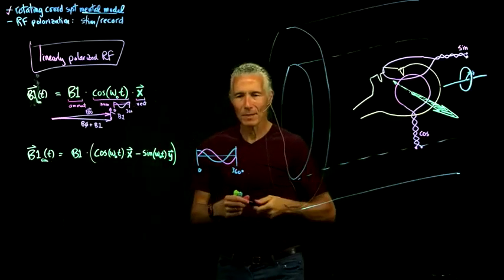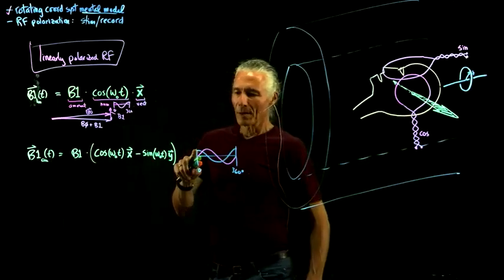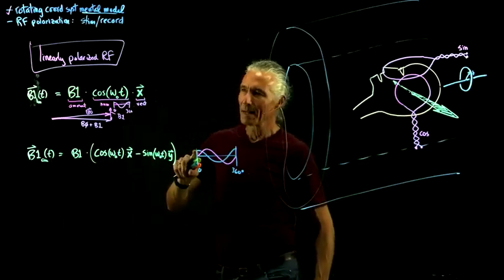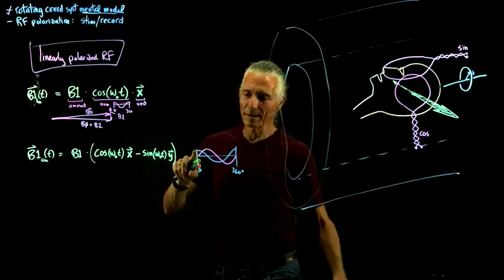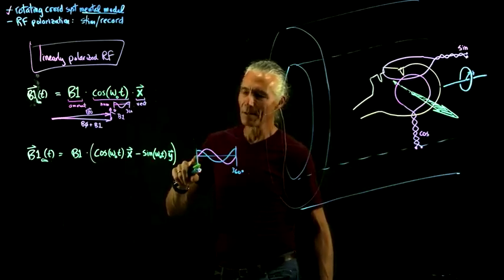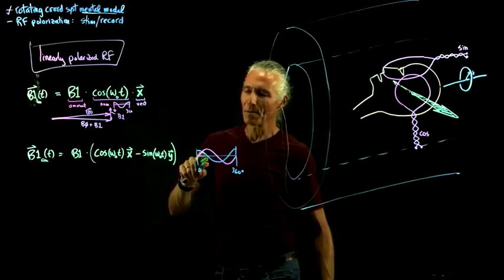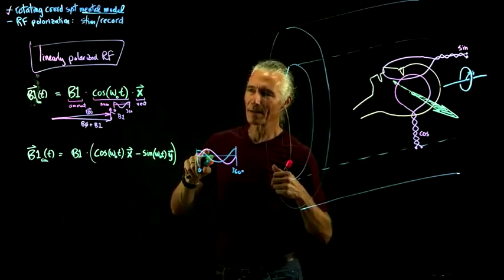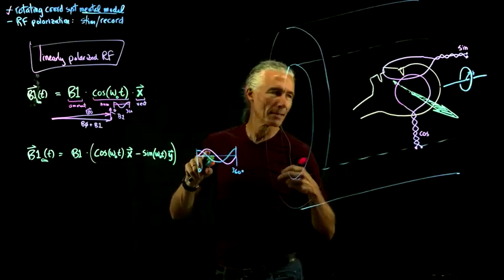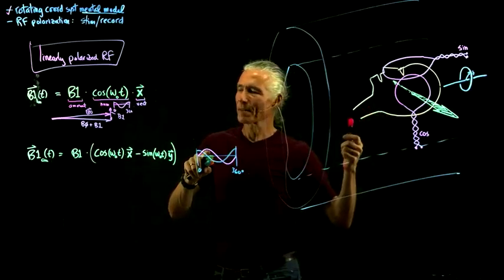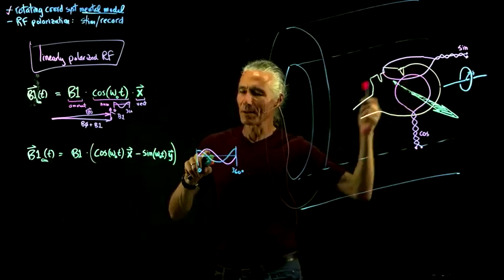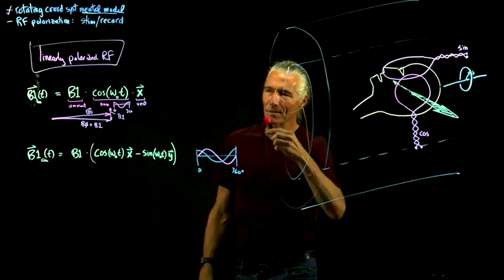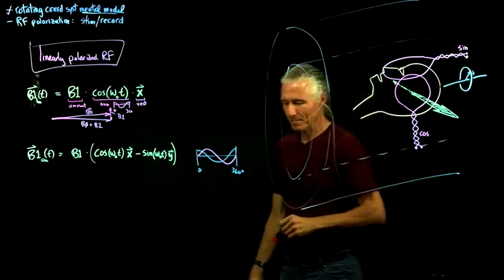So now when the current is really high in the cosine coil, it'll be 0 in the sine coil, and then you'll get to a point where they're both the same. That will be like a 45-degree vector. Then the current will be really high in the sine coil and 0 in the cosine coil, and so then you'll be pointing along the direction of that coil. And then as you keep going on, it'll just rotate all the way around through 360.